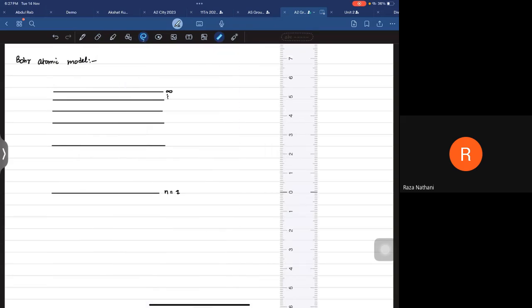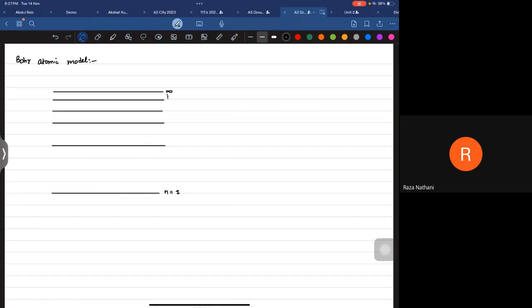Now I just want to tell you the next one, kids, is going to be n equals 2, n equals 3, n equals 4, n equals 5, and n equals infinity. So this one is called the ground state. This is infinite number of possible states. All right.